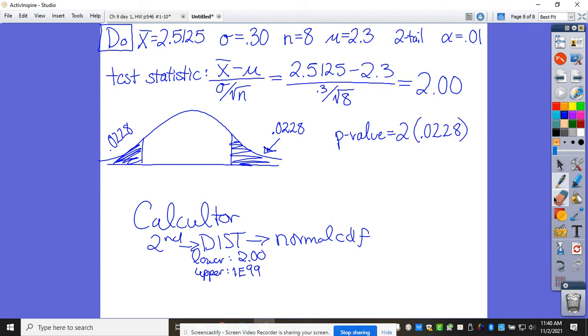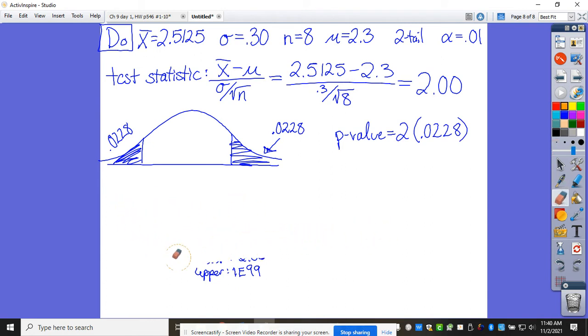It's always probability of just what you get times the number of tails. Yes. And so that gives me what? 0.0456.